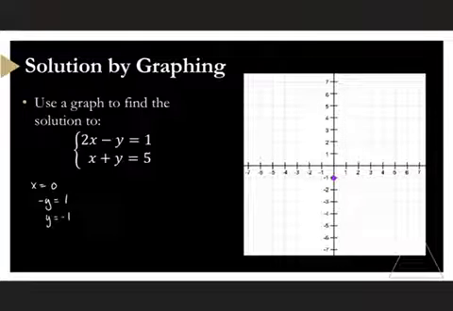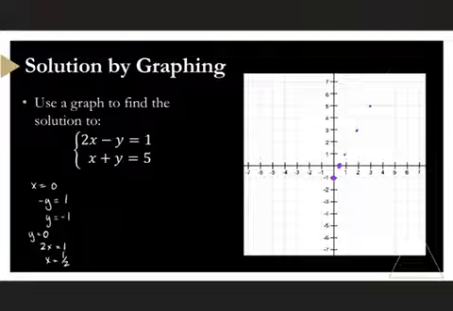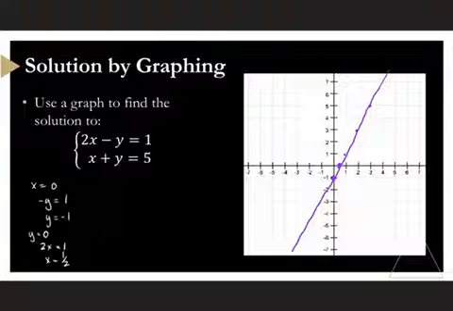And then if y is 0, then 2x equals 1, which means that x is 1/2. So that's the point 1/2, comma 0. Okay? And then you connect these as neatly as you possibly can. What we're going to end up with is something about like that.